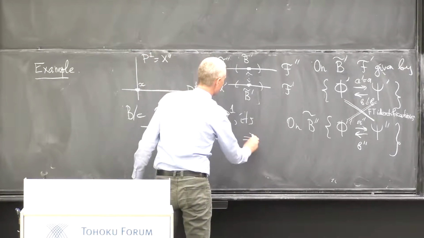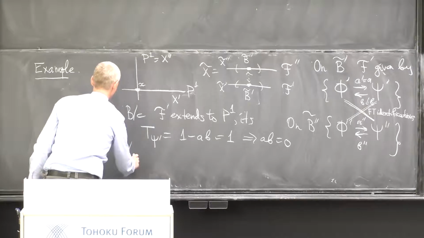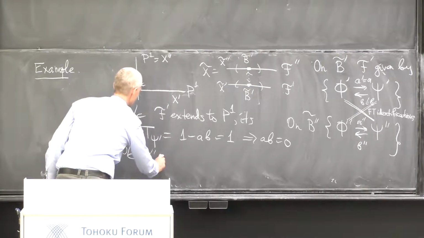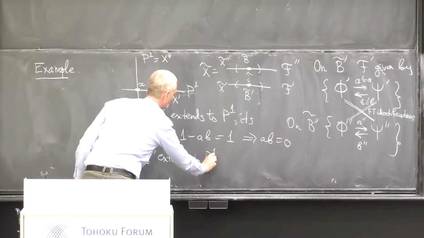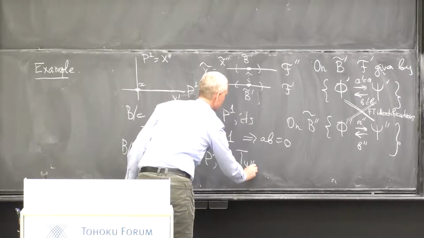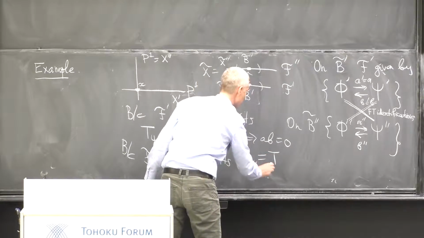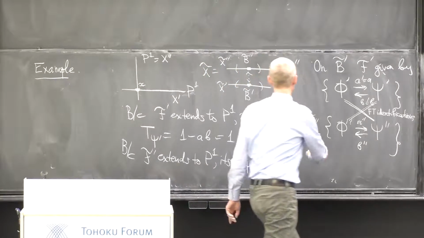Therefore AB equals 0. Because the second one extends to P1, its monodromy with respect to psi second, which is the monodromy of the original one with respect to phi prime, equals 1. And this means that BA equals 0.